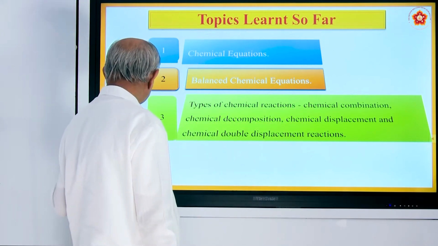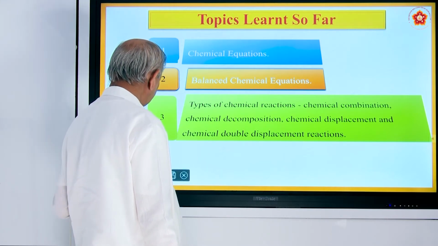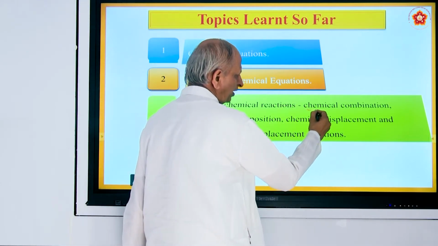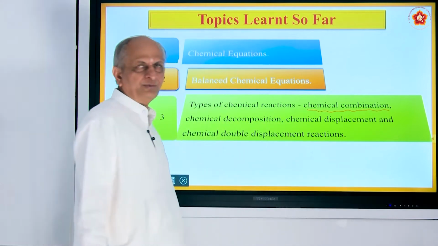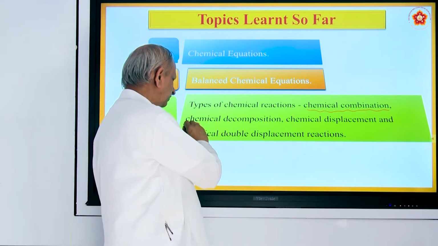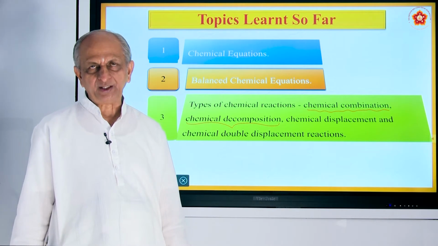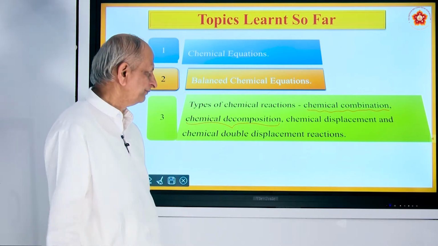and in chemical combination there is a combination of two or more substances to become a new substance. We also studied about chemical decomposition, where a compound splits up into two or more substances.